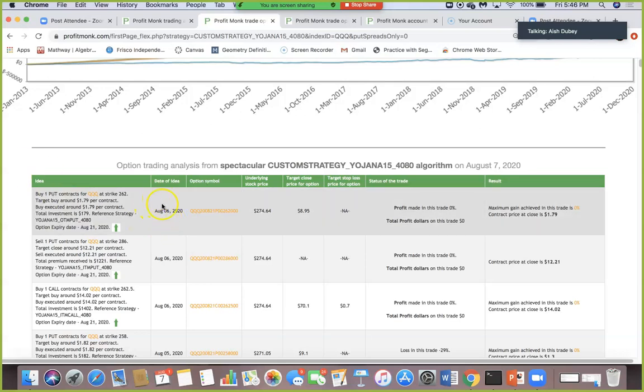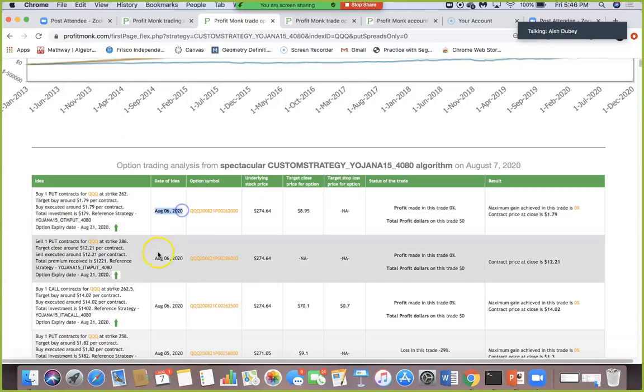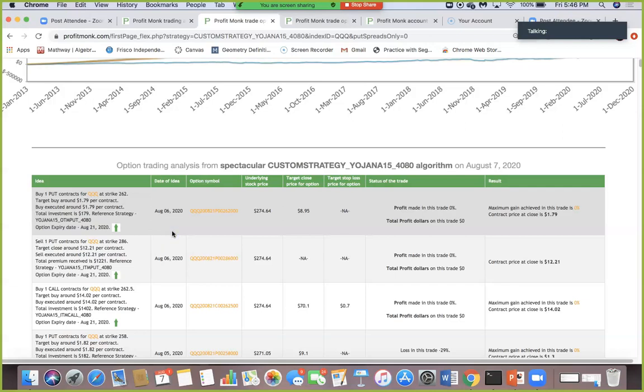So this is how you read the table. Let's look at the top three rows, which are all dated August 6. August 6 was yesterday. It's important to understand that the algorithms and software analytics run after the market closes for the day.